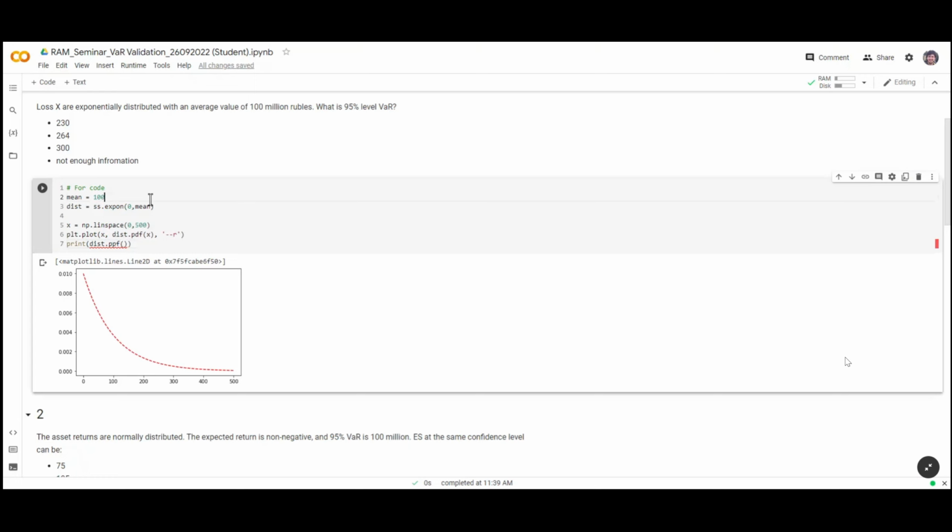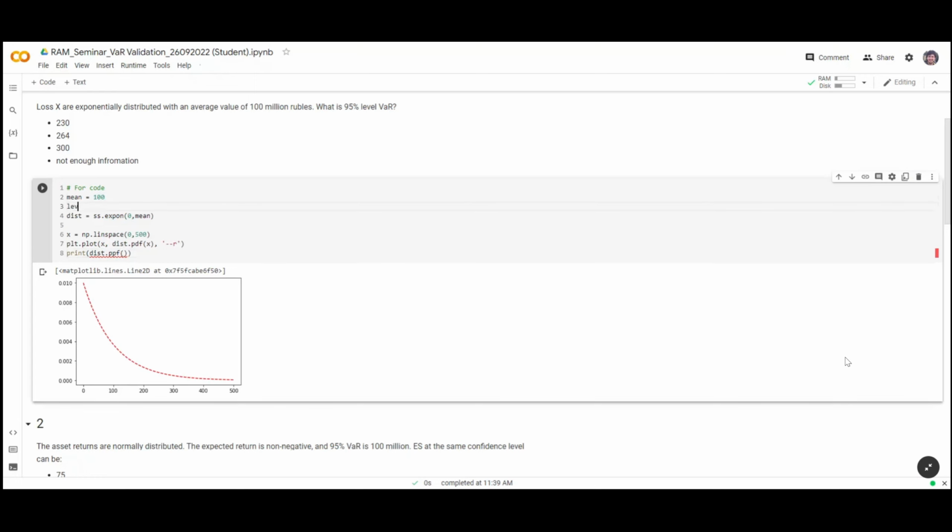So if the level of the value at risk I'm searching for is 95%, I should put the parameter of 0.95 right here. So just to cut 5% of the probability on the right-hand side, right? So now let's see what we're going to see.